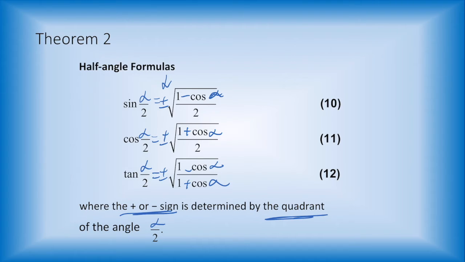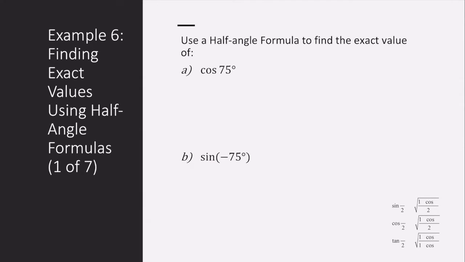Why don't we go ahead and do a few examples so we can practice using these. I also want to point out that all of these are written in terms of cosine, which makes our lives a little bit easier. So if I have cosine of 75 degrees, I want to find the exact value.